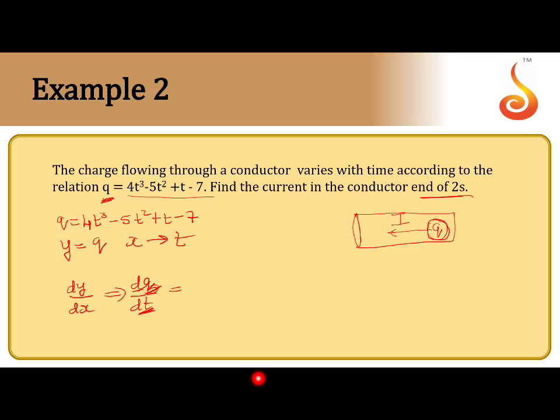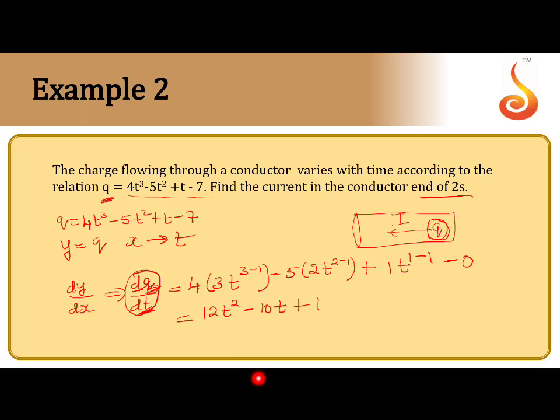This will be equal to 4 into 3t power 3 minus 1, minus 5 into 2t power 2 minus 1, plus 1 into t power 1 minus 1, and for the constant the differentiation is equal to 0. This will be 12t square minus 10t plus 1. This is dQ by dt.